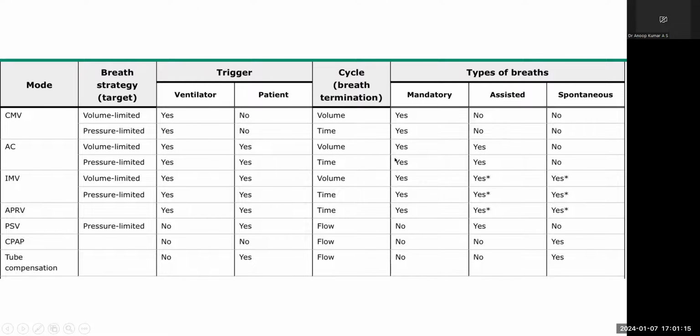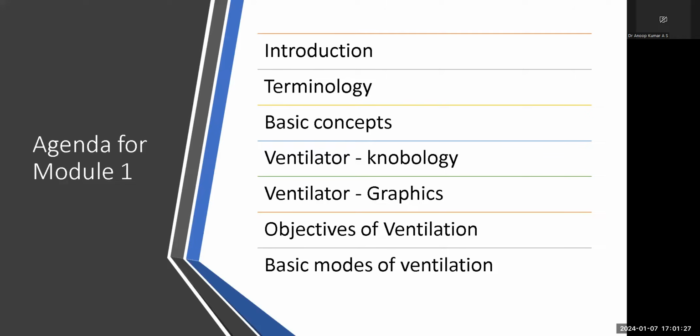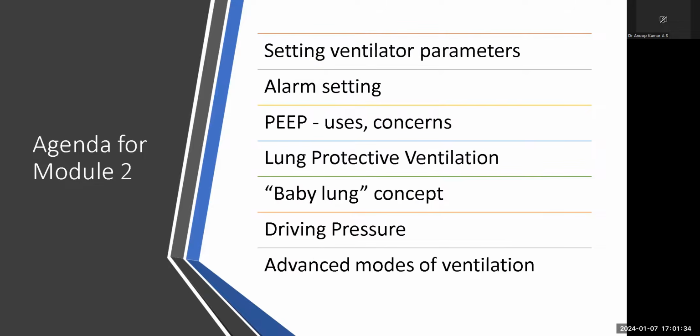Again, you can see in the assist control mode, you can have mandatory breaths. It will be having assisted breaths, and it will not be having spontaneous breaths. It will be having only assisted breaths. Okay, yeah. So these are the different modes. We have not discussed some of the terminology, so these will be discussed in a different session.